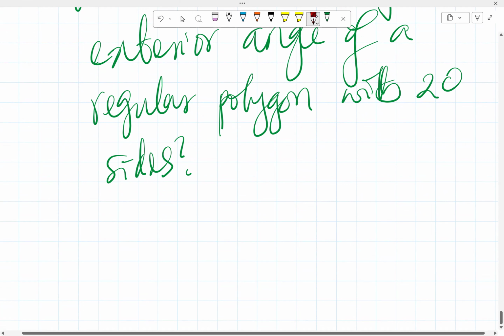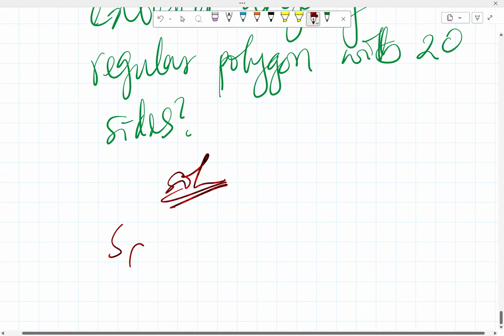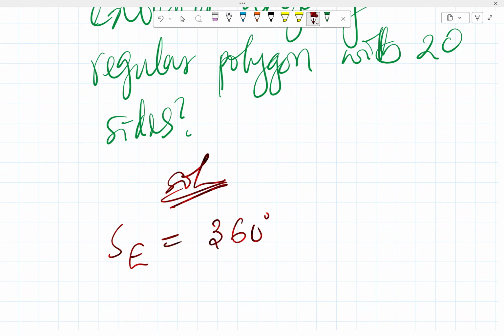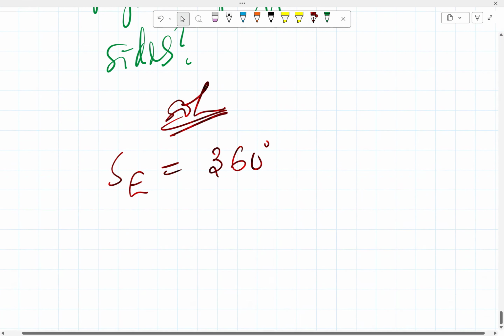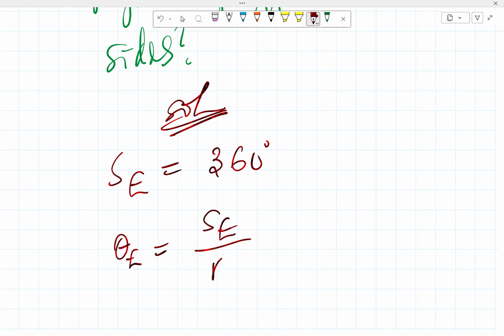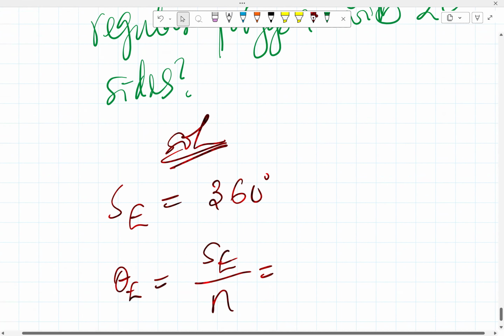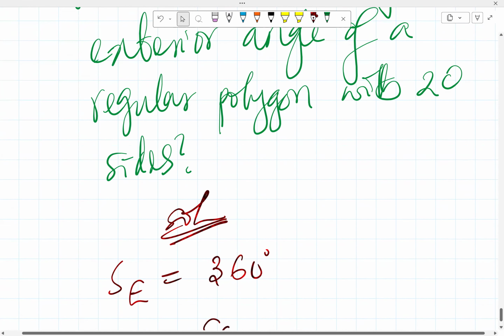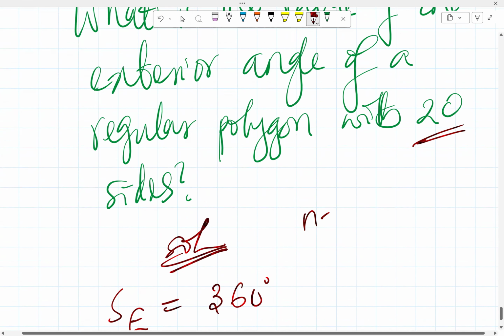The simple answer will be this: first of all, the sum of exterior angles, you can call it SE, of any polygon at all, is 360 degrees. And for a regular polygon, theta exterior for an exterior angle will be the sum of exterior angles divided by the number of sides. From what we have here, n is 20.